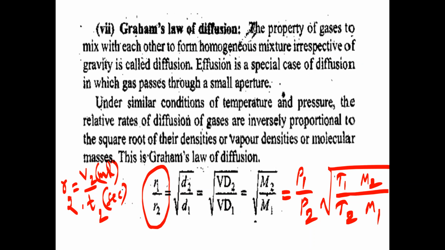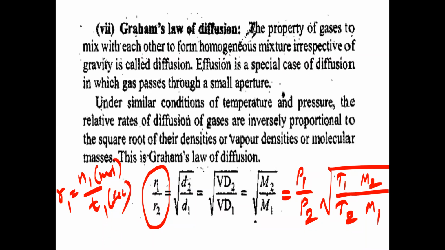And also what we have to understand is that with the same formula, the rate of diffusion can also be taken in terms of number of moles. Suppose in some cases, the number of moles will be given. R1 is equal to what now here? Number of moles of the first gas by time taken by the first gas, in seconds.